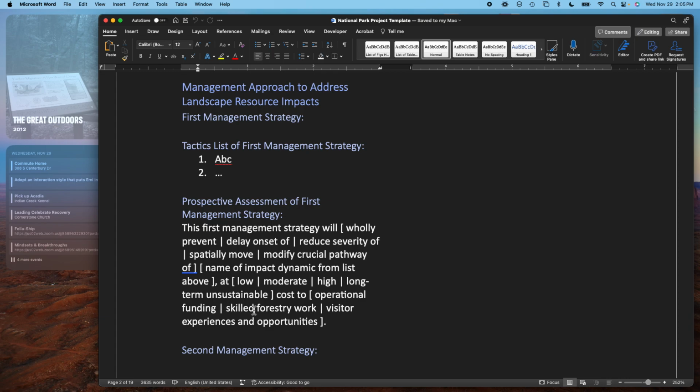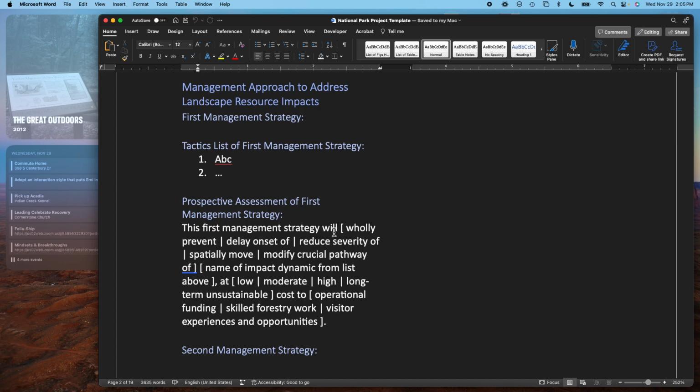And I've mapped it out so you don't even have to write these sentences and figure out what to say. It's just, this first management strategy will, and then you pick from this list: wholly prevent, delay onset of, reduce the severity of, spatially move, modify the crucial pathway of, whatever the impact dynamic is that you've chosen to tackle with your strategy and tactic, okay?